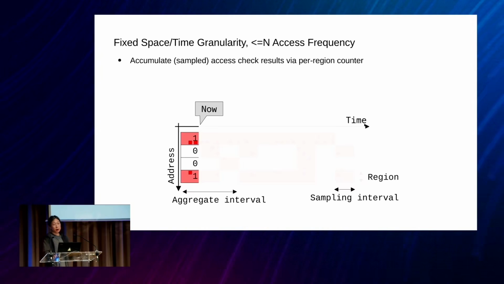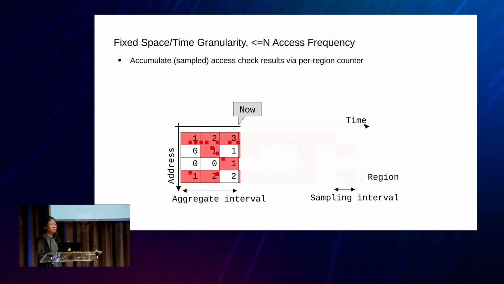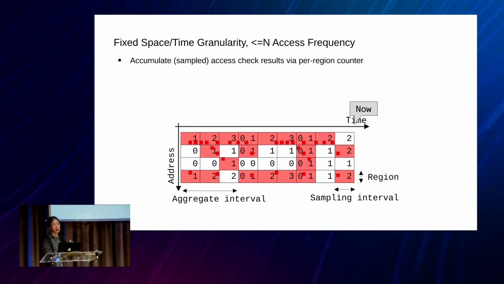For example, we can define one more time interval called the aggregation interval, and we do the sampling interval-based access check every time, but count the positive results on the per-region counter like this. And for each aggregation interval, we reset the per-region counter and keep going.